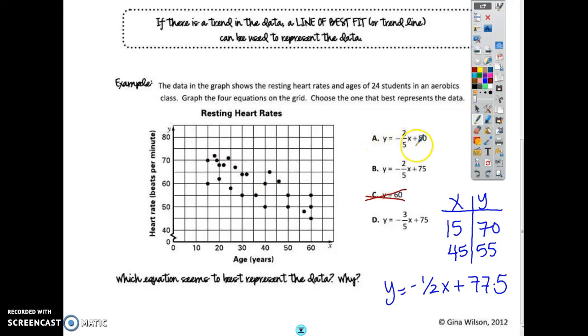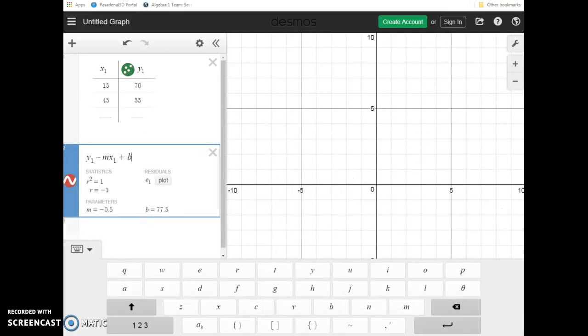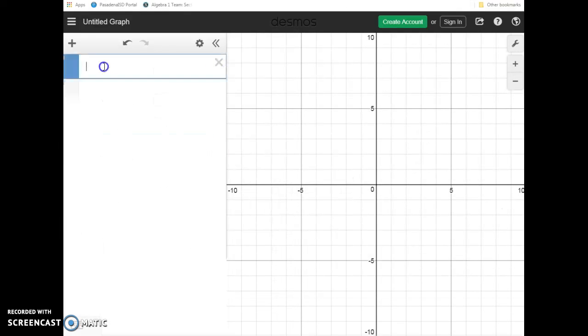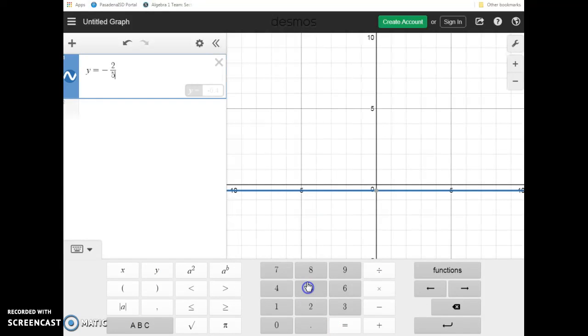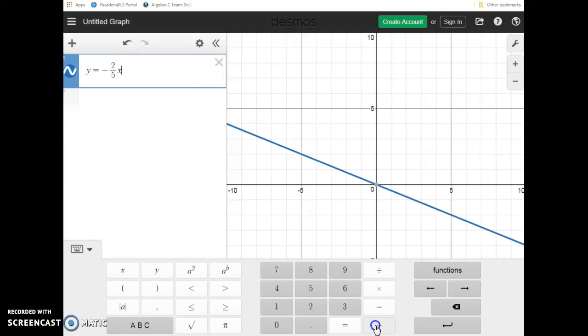So let's graph this one, y equals negative 2/5 x plus 80, and let's pick some points that will fit here on the scatter plot. Everybody, y equals negative 2/5 x plus 80.